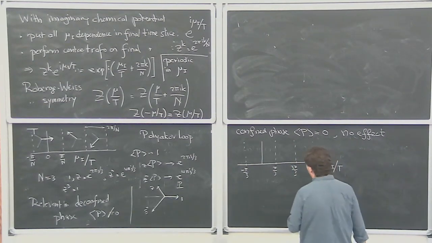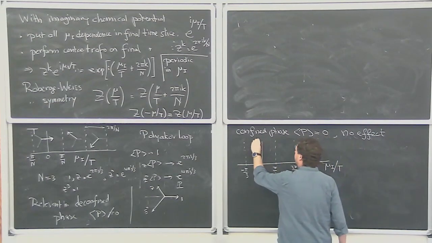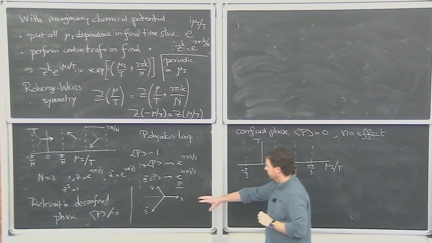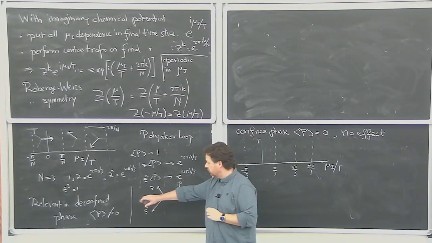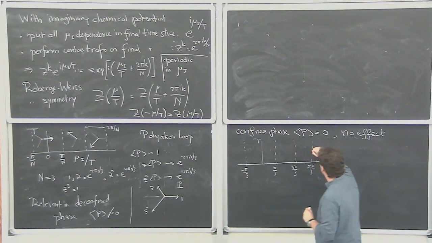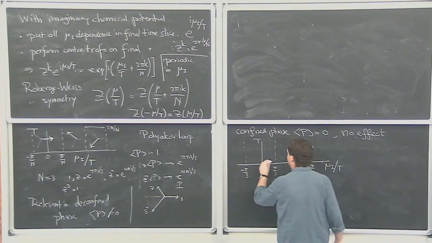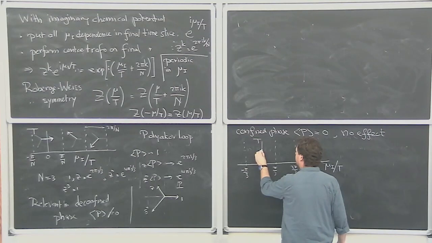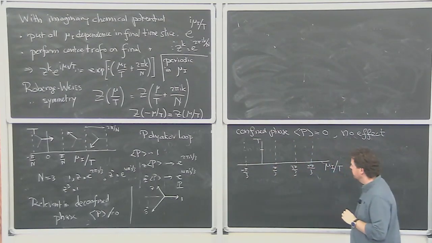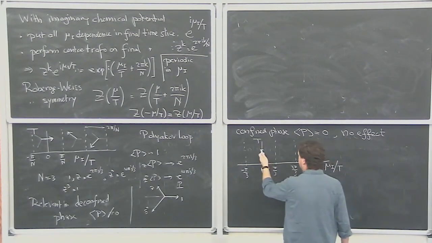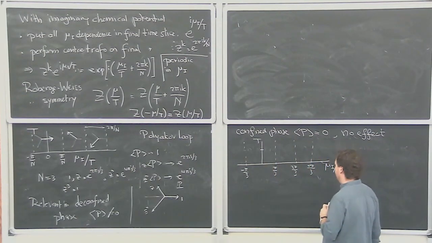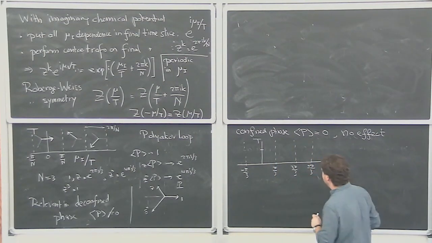At high temperature this is relevant, so in the deconfined phase. At low temperature it's not. And so there is a critical temperature here, say. Let's call this Tc, where the phase transition happens. So it's relevant in this area here, above this line.